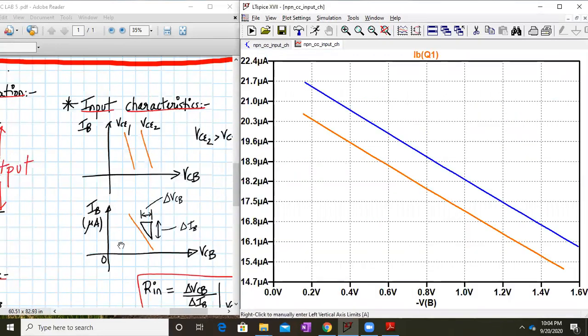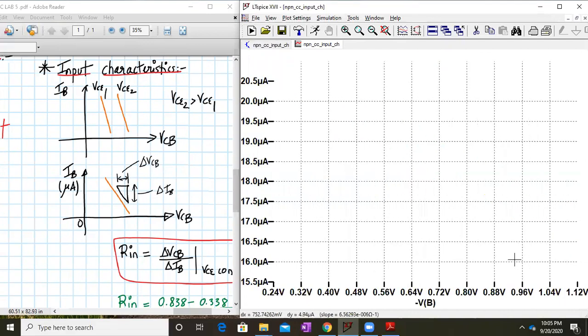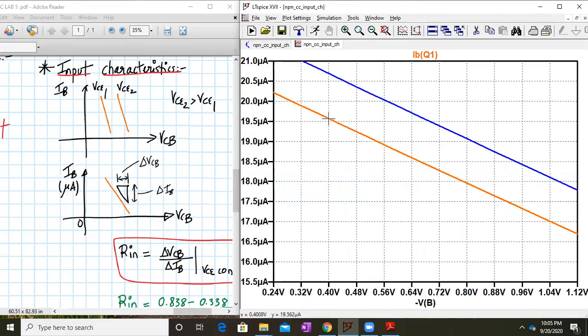Now we need to concentrate only on one curve. So let's say we select the orange color curve. Okay, now remember, this will come negative. I told you that the slope of this will be negative, but we have to only consider the magnitude of it. If I place my cursor over here like this, it will give me the value of X and Y. Here X is your VCB and Y is your IB.